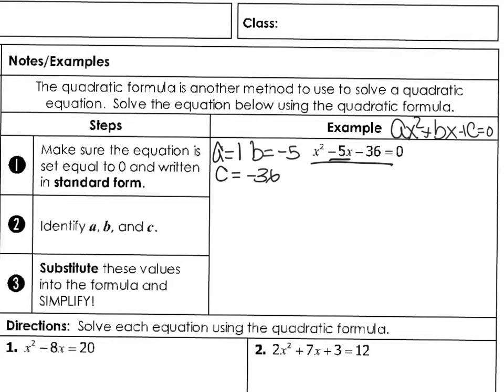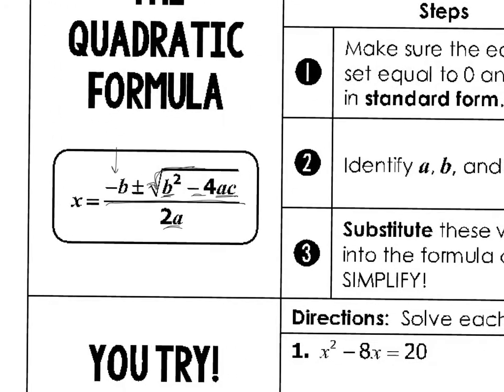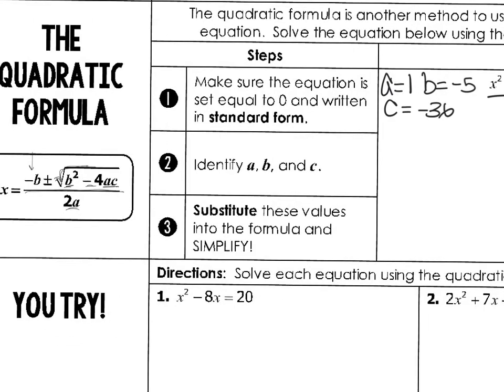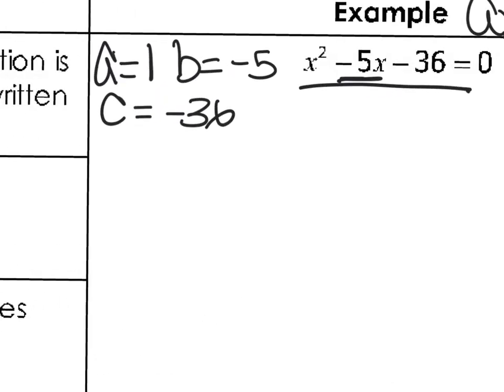All right, so now all you have to do is plug it into the formula. Now, you notice that the formula starts off with negative b, or you can say the opposite of b. So the opposite of b, if b is negative 5, would be 5. Plus or minus square root of b squared minus 4ac.